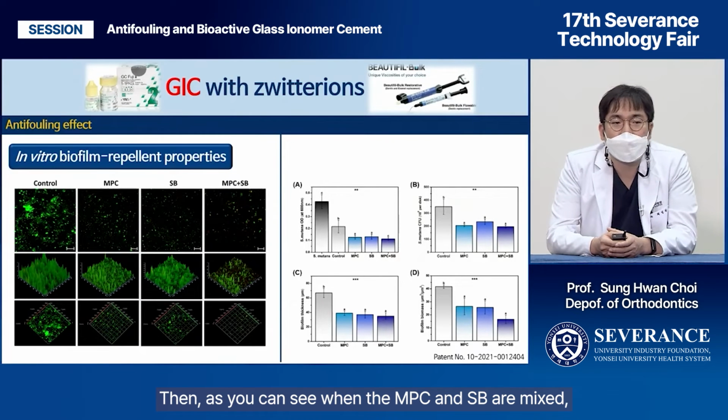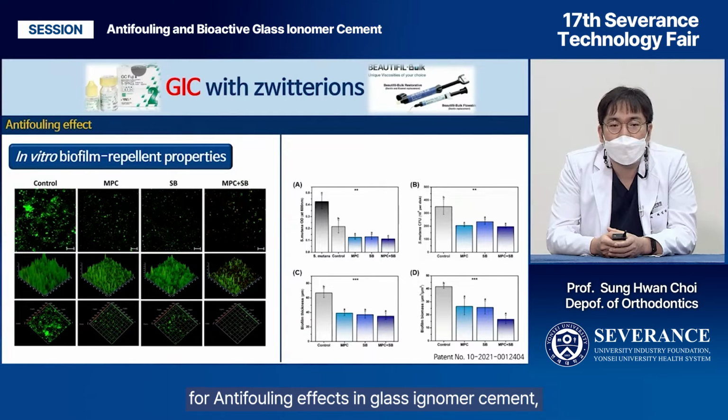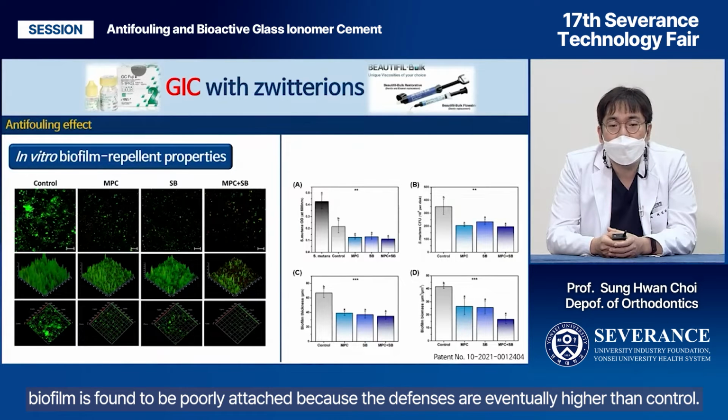Then, as you can see when MPC and SP are mixed, when quantitative zwitterions are added for anti-fouling effects in glass ionomer cement, biofilm is found to be poorly attached because the defenses are eventually higher than control.